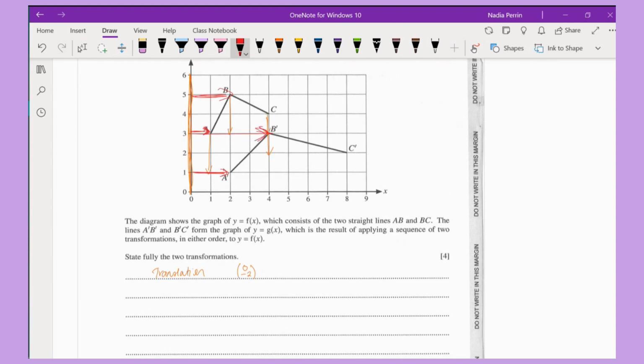So all of the points are 2 times greater away from the y-axis. That is called a stretch, scale factor 2 horizontally. And that will give you your 4 marks for that one.